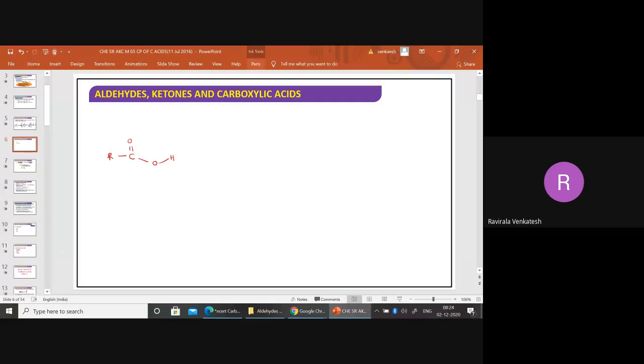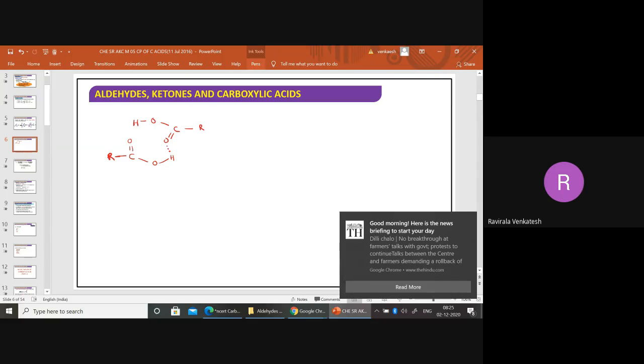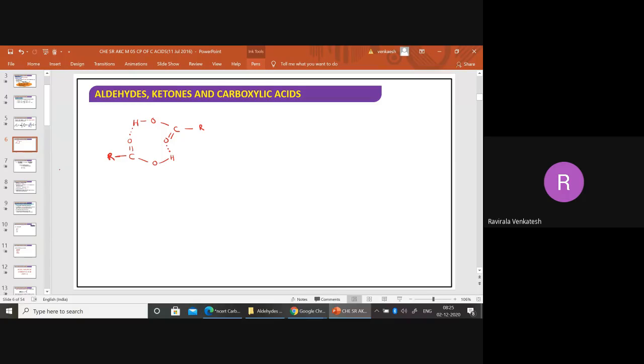Any carboxylic acid, RC double bond OH. Then again I am writing here R C double bond OH. How many carboxylic acids are there here? 1 and 2. Now here it can form hydrogen bonding. Because of the hydrogen bonding, it exists as a dimer.